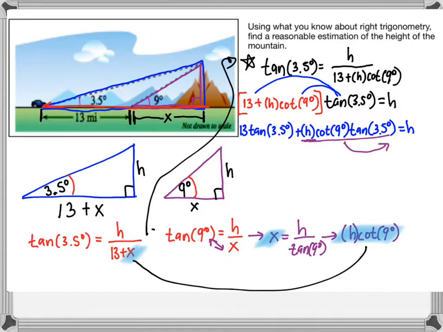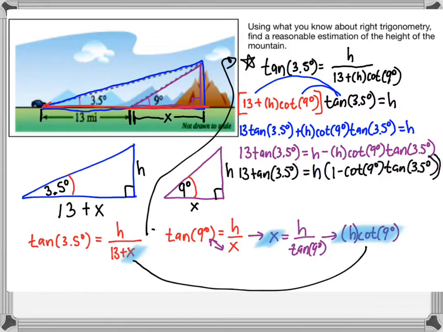I'll subtract it from each side so I can factor the H out. Now I factor the H out, so there is the H finally all by itself. Then I'm going to divide each side by this, and that will give me the exact value of H, and then I'll need a calculator to evaluate it.